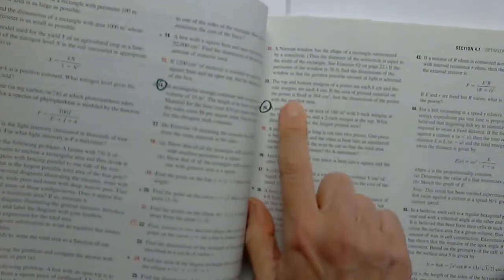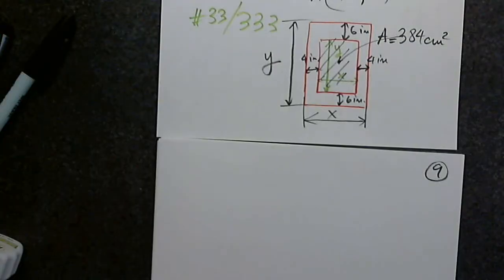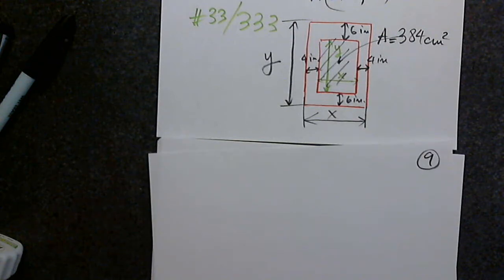The top and bottom margins of a poster are each 6 centimeters. Oh, centimeters, not inches. Sorry, I'm still upset about that. And the side margins are each 4 centimeters. If the area of the printed material on the poster is fixed at 384, find the dimensions of the poster with the smallest area. Oh, so is the area of the whole thing 384?